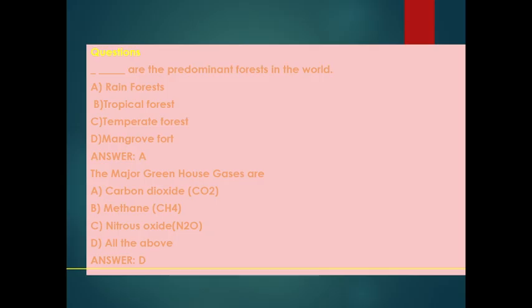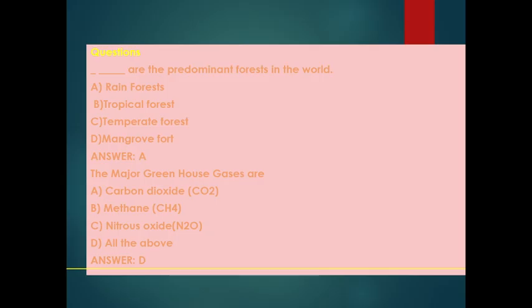So we have certain multiple choice questions, those that appear in IS and RS examinations. Taking the first case, forest resources are also available on the earth. Forests are the green blanket of the earth.